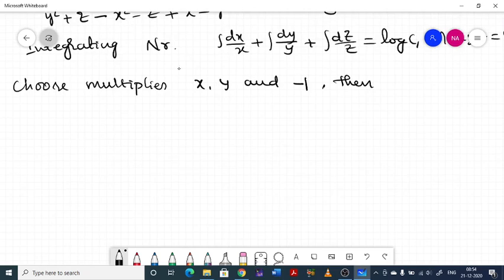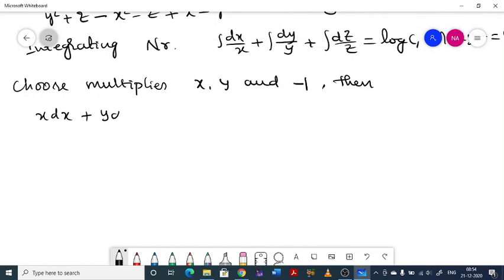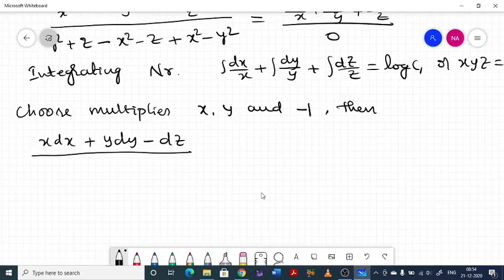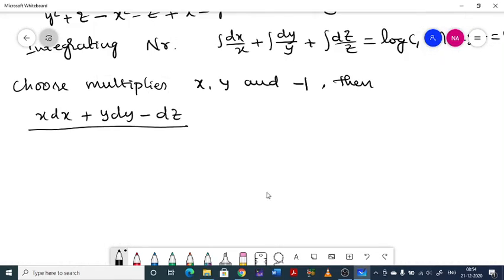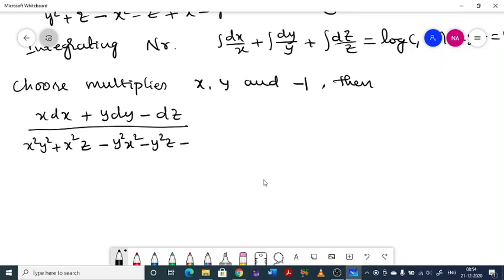Then we'll be having x dx plus y dy minus dz divided by, x cancels, so we'll get x multiplied x square into y square plus x square z minus y square x square minus y square z minus z into minus zx square plus zy square.